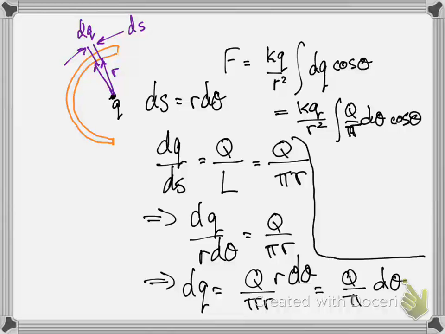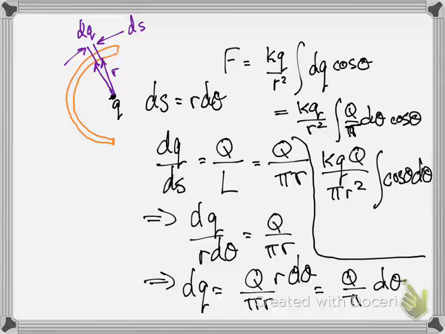So now again, this was a pi. I'm going to pull out all the constants. So we got k q over pi r squared times the integral of cosine theta d theta. And the question is what are the limits of integration? In other words, what does theta go from and to?